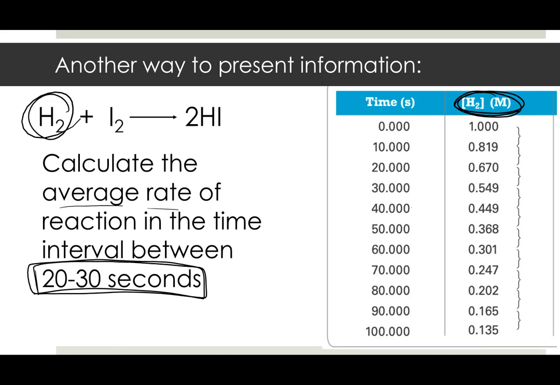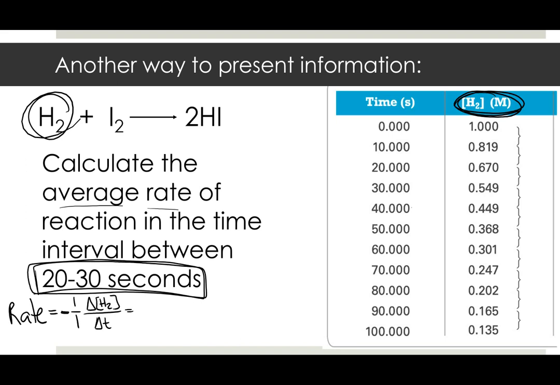Okay. So the first thing we're going to have to do is write a reaction for this. Okay. So our formula is rate equals, it's a reactant, so we're going to have a negative. The coefficient is 1, so we're just going to have 1/1 times the change in concentration of hydrogen over the change in time.